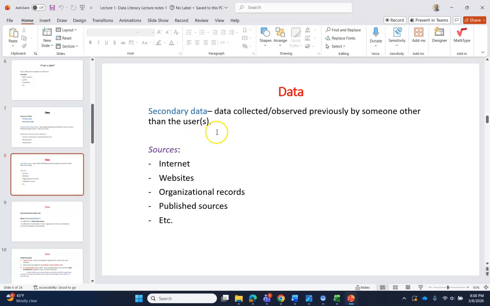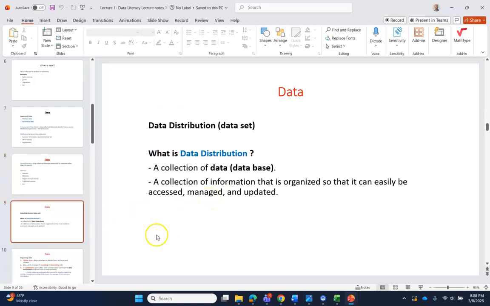Secondary data is data that is already collected and organized, so all we have to do is look for it from different sources. We can find secondary data from the internet, websites, organization records, and so forth.